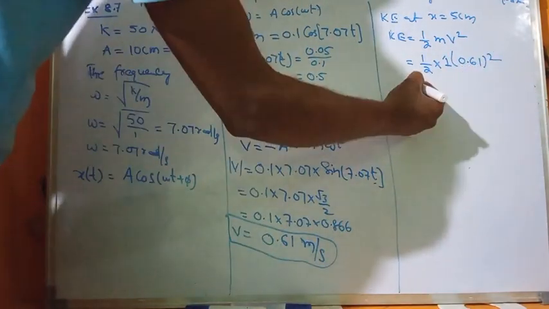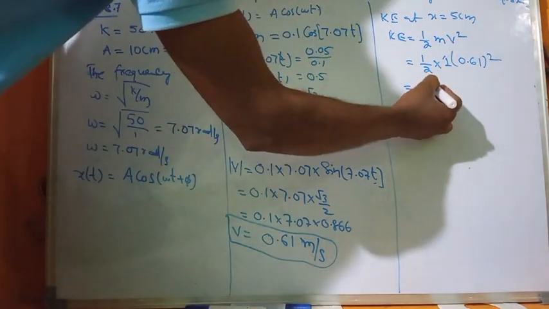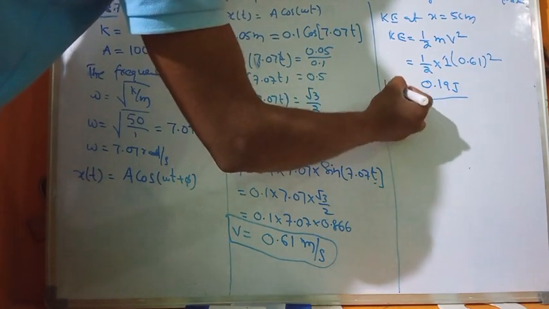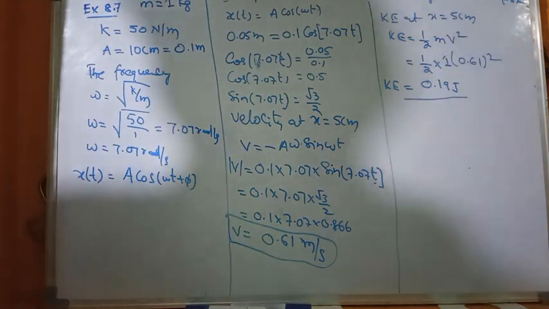After solving this, we get 0.19 joules. This is the kinetic energy at x equal to 5 centimeters.